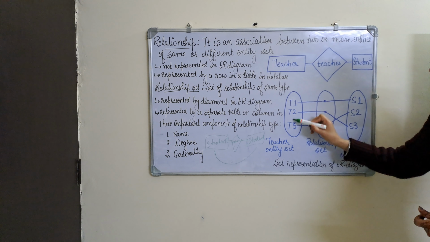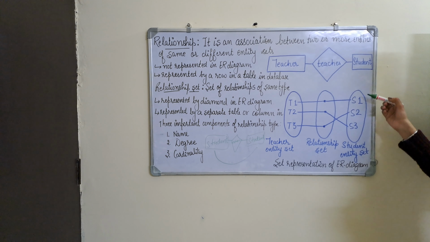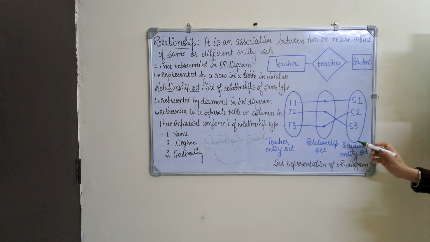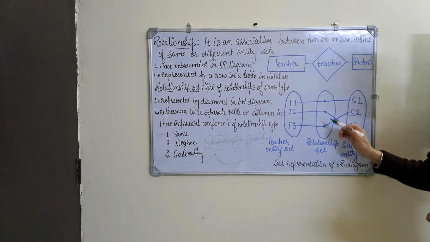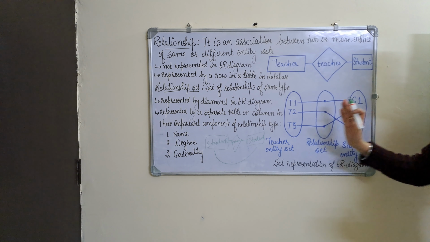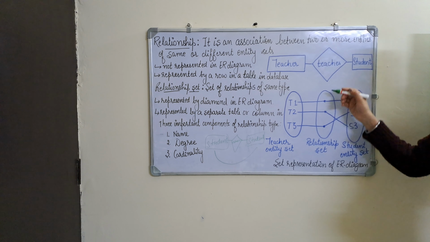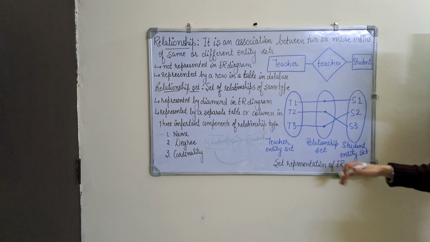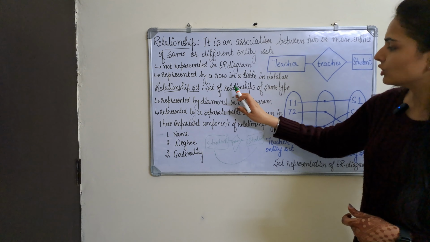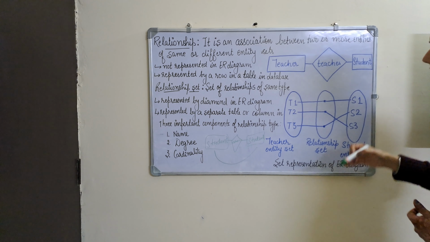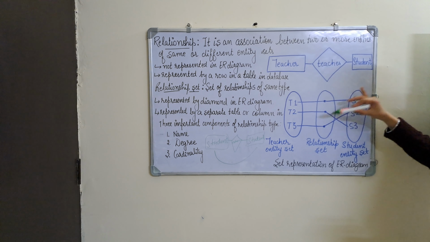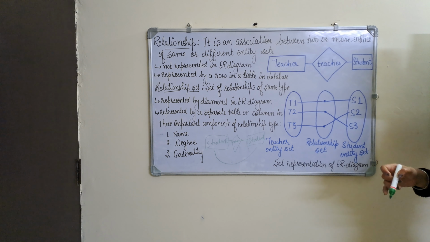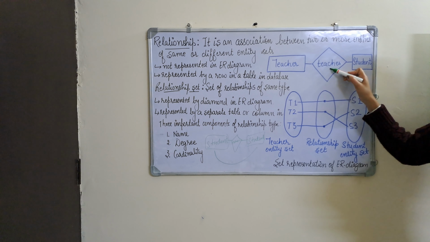So we can say this is the teacher entity set, this is the student entity set, and all these relations between different entities in these two entity sets make up the relationship set. And why do we say relationships of the same type? Because all these relations are denoting one type of relationship, that is teaches.